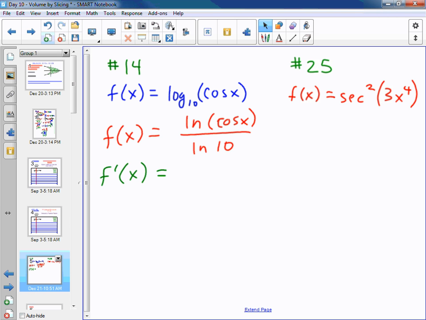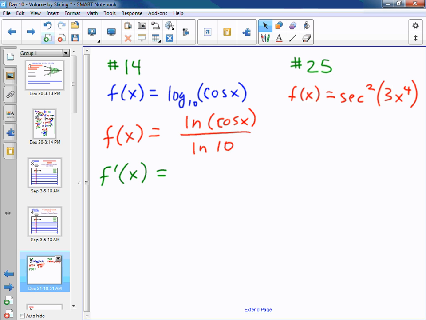I choose ln because we have a natural log rule. Now, let's say you don't remember the change of base. You could have rewritten this as 10 to the y equals cosine of x, and then differentiated using implicit differentiation to solve for y prime. In fact, we're going to do that in one of our Unit 6 activities to generate subsequent rules.